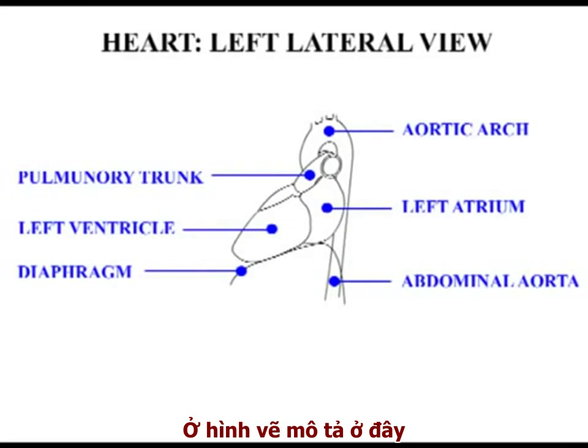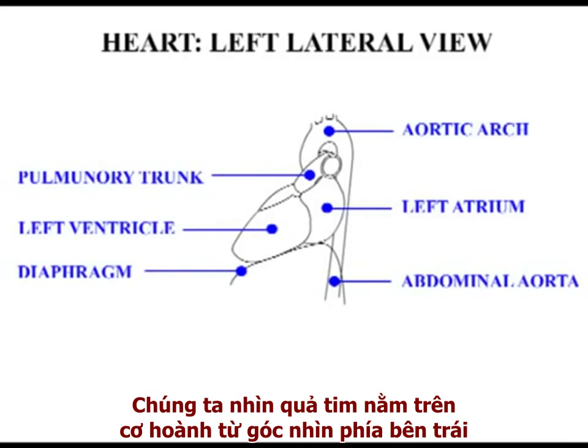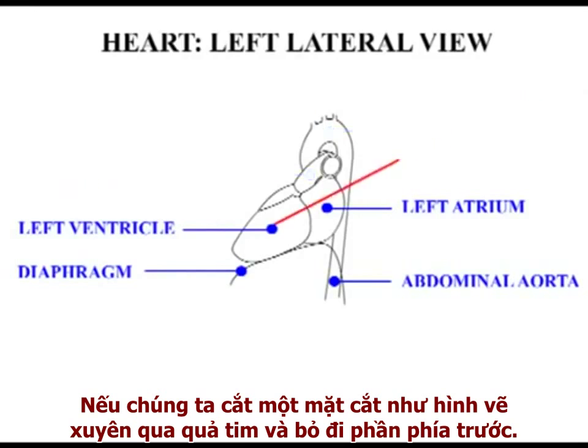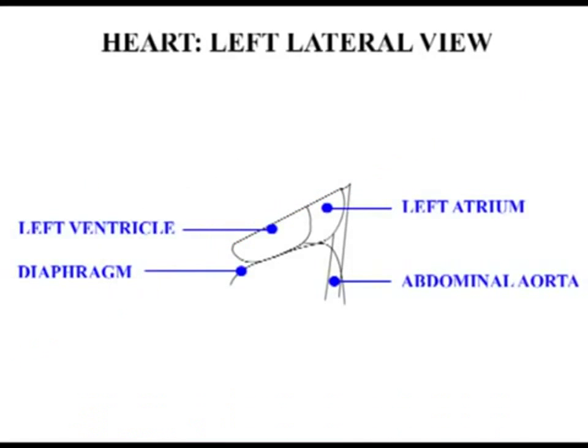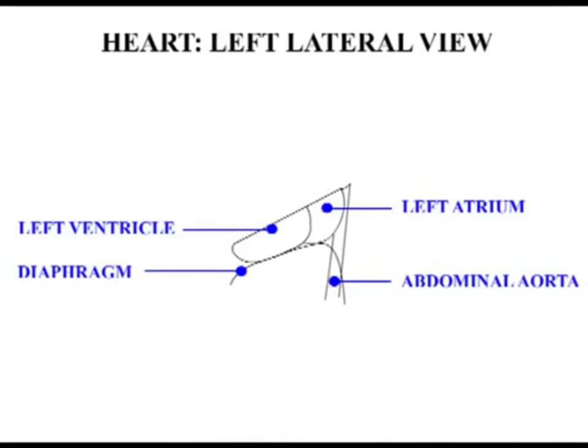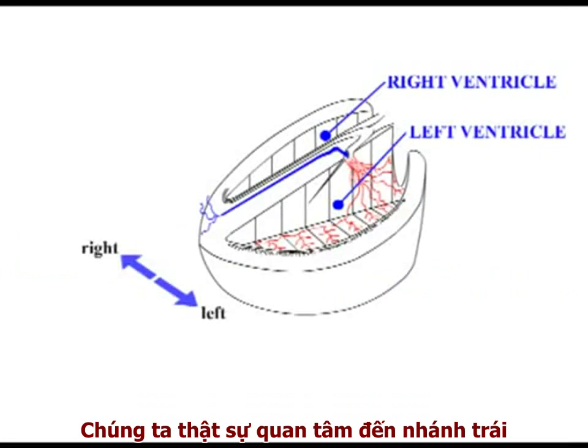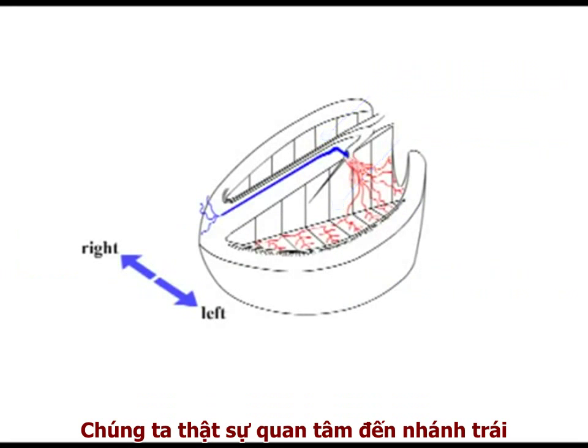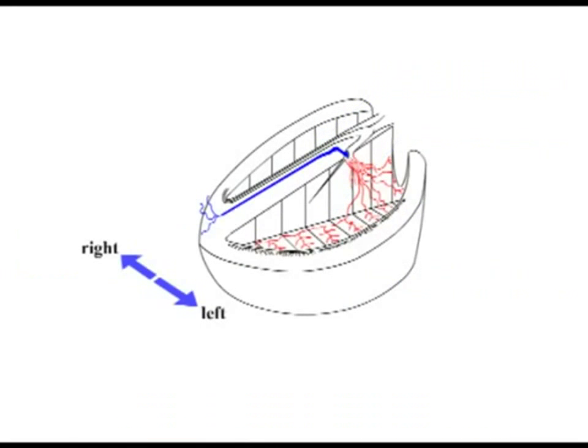In the diagram shown here, we are looking at the heart sitting on the diaphragm from the left. If we take a section as indicated through the organ and remove the anterior surface, we can examine the conducting system in the ventricles in more detail. We are particularly interested in the left bundle branch.